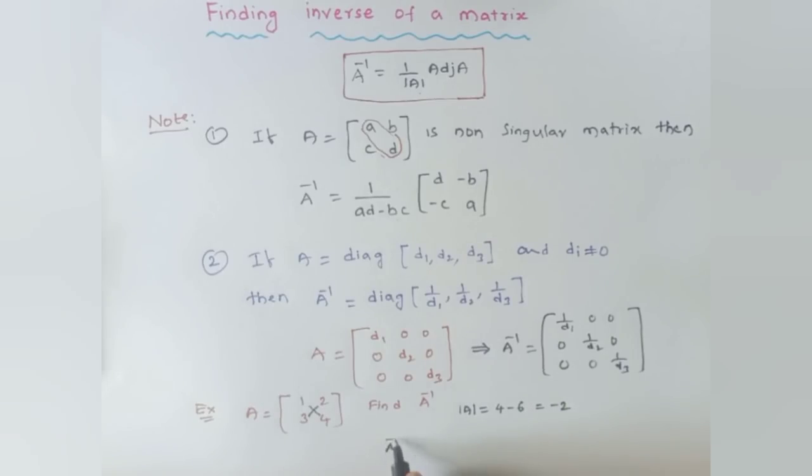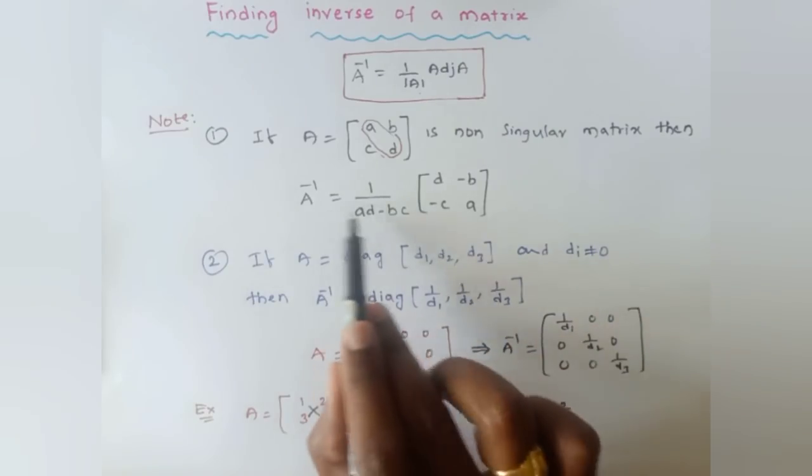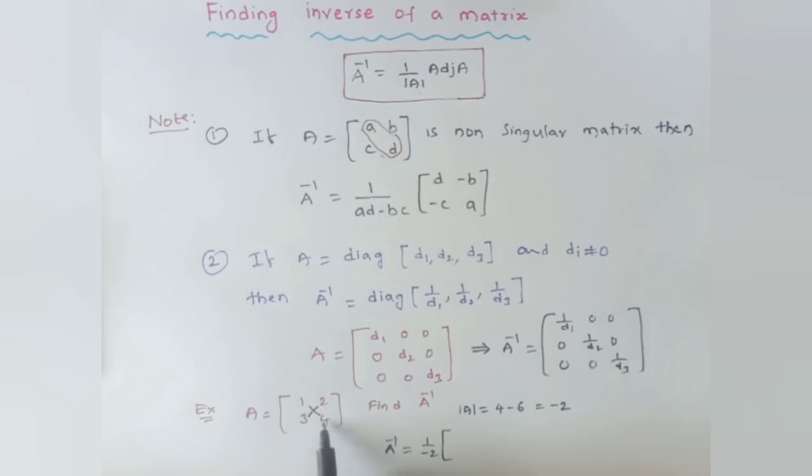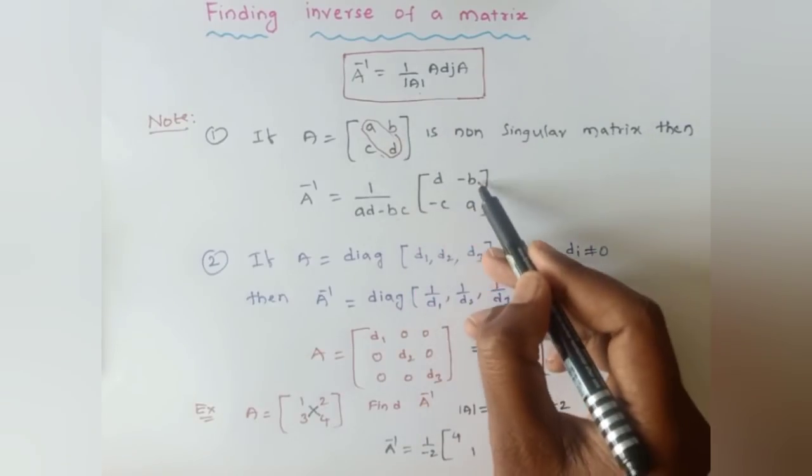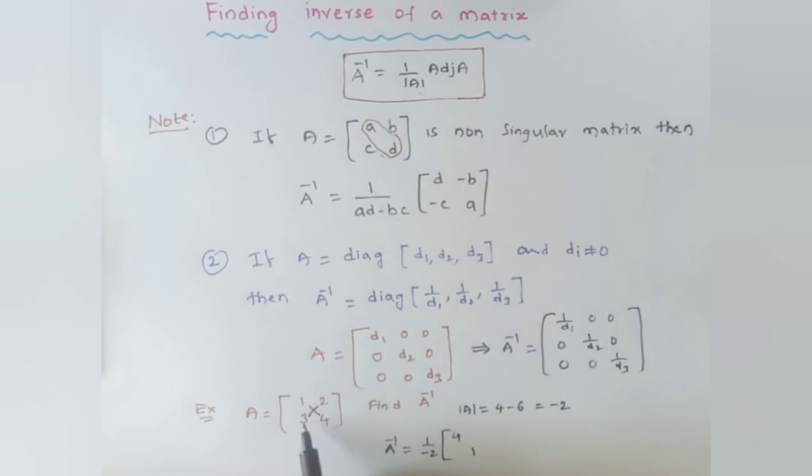Now A inverse is 1 by det A, which means 1 by minus 2 into adjoint of A. Since it is a 2 by 2 matrix, we need to interchange the two elements 4 and 1, and B and C stay as they are with the negative sign, so 2 and 3 with a negative sign: minus 2, minus 3.